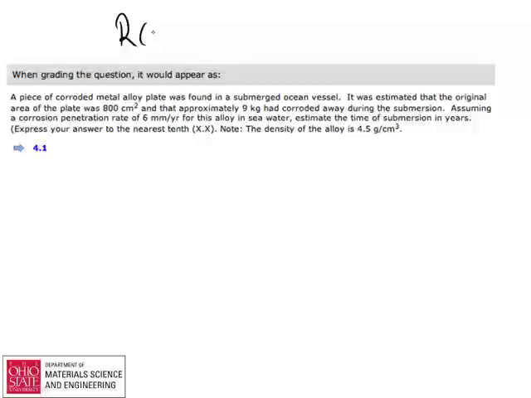Rate, and this is in mils. A mil is 1/1000th of an inch, and it is equal to 534 times W, where W is given as a weight change in milligrams, and then he had rho at the bottom, which is in grams per cubic centimeter.